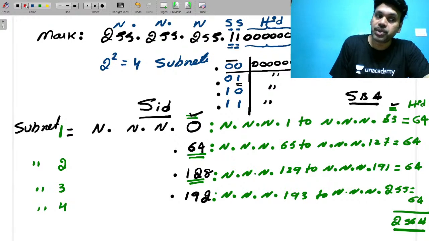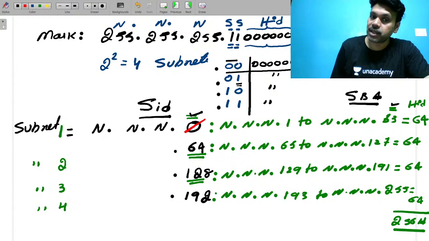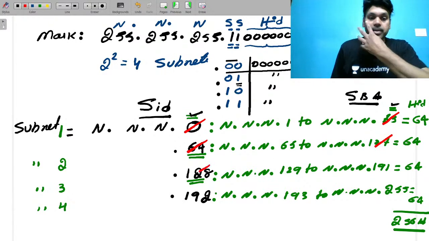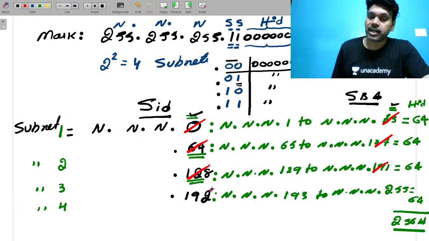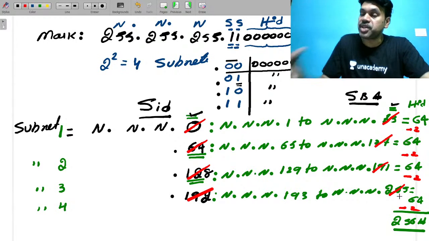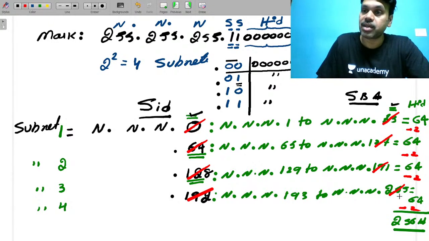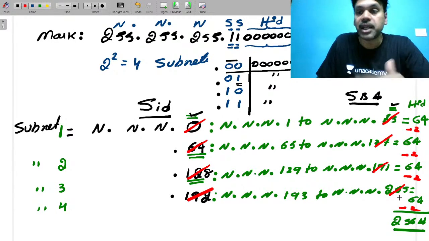You cannot use the starting number and ending number of each subnet as a valid IP. Therefore, out of 64, 2 are reserved. So you are going to dedicate 2 HIDs for the starting of the block and the ending of the block.